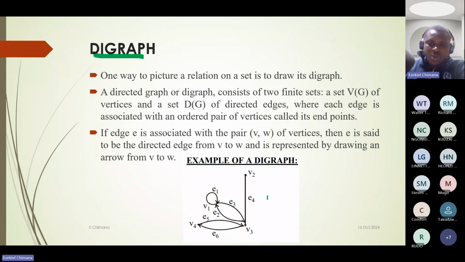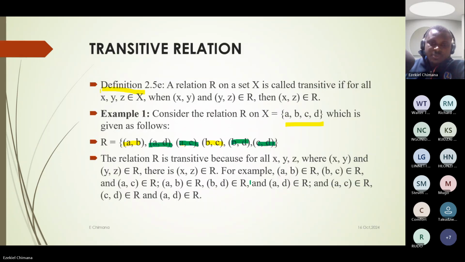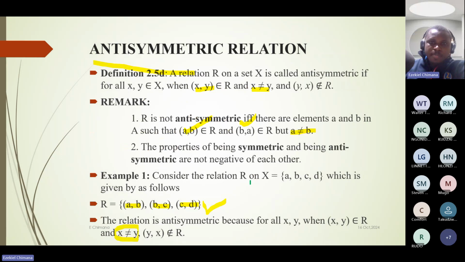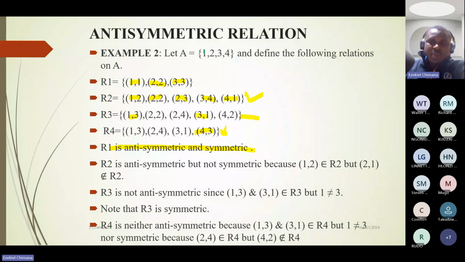If you look at this one, we have the vertices 1, 2, 3, 4, and the edges will be the directions that you put, maybe from 1 to 1, from 2 to 2, from 3 to 3. If I want to draw the diagram for this R1, the vertices are 1, 2, 3, 4.